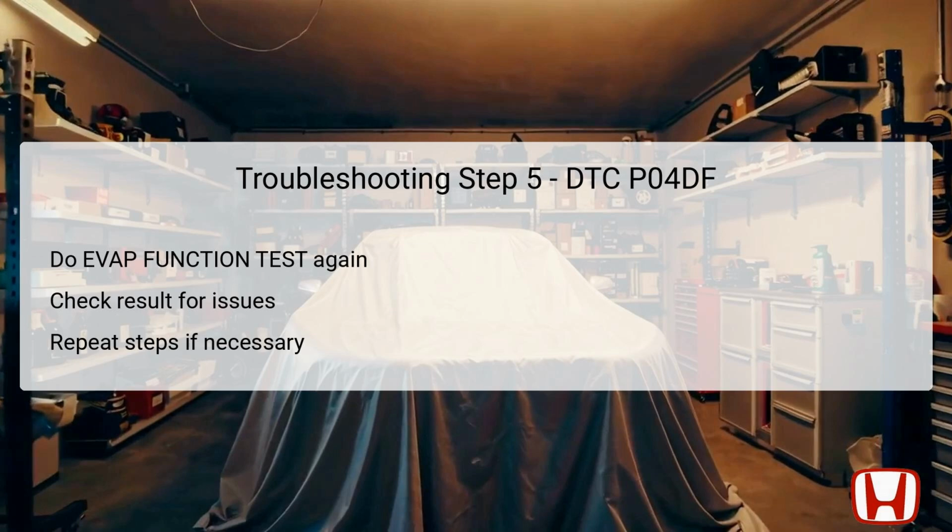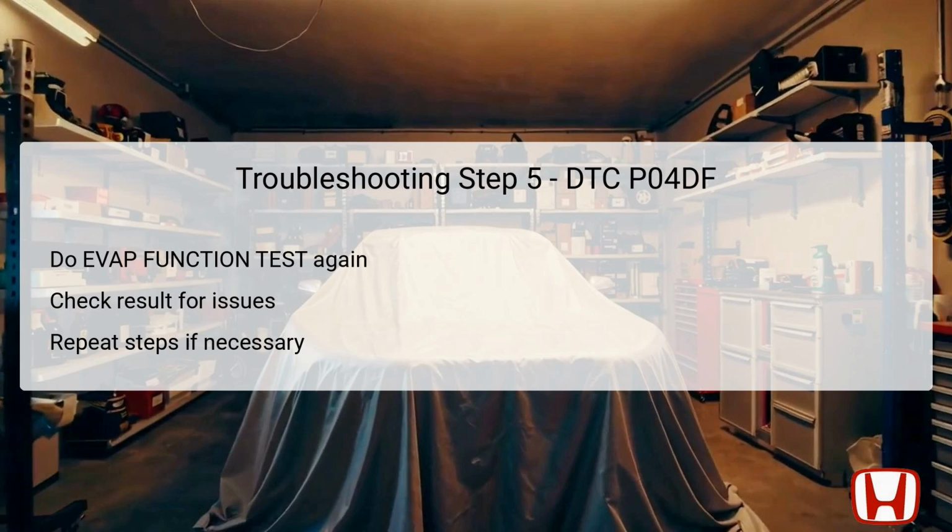If the outcome indicates successful operation of the EVAP system, it confirms that the replacement and reset procedures have rectified the problem. However, if the test results indicate ongoing issues, it's important to check for poor connections or loose terminals at key components such as the FTP sensor, EVAP canister purge valve, and vent shut valve.